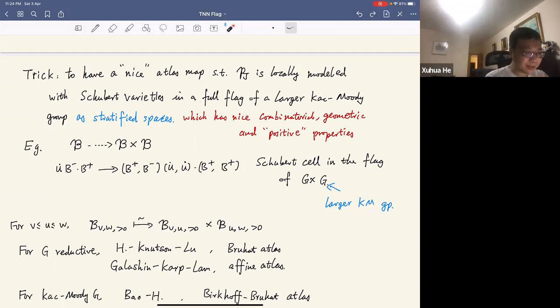We understand this atlas map, which has nice combinatorial and geometrical properties. And I would say that we also expect that they have nice positivity properties, but this is still in progress.